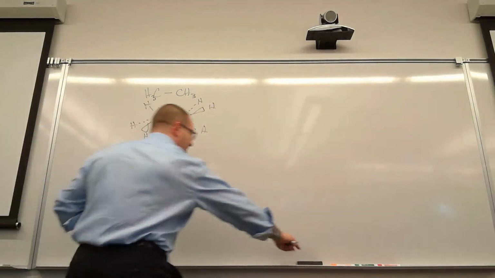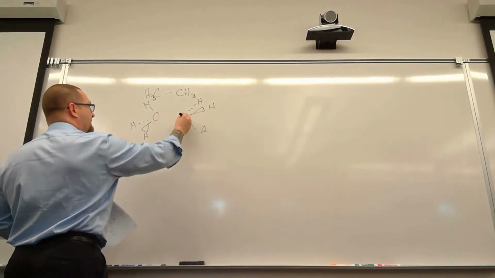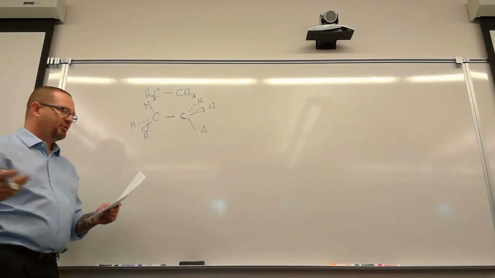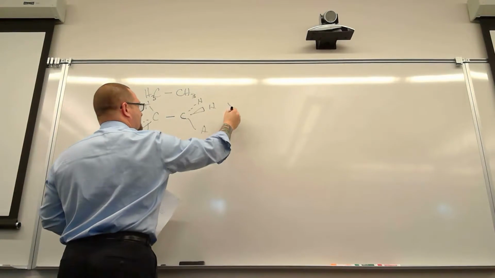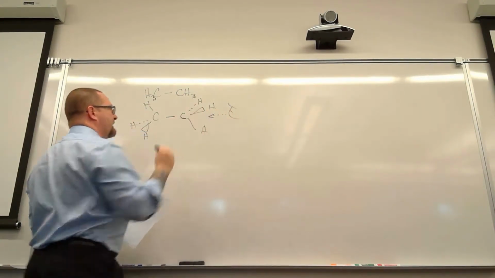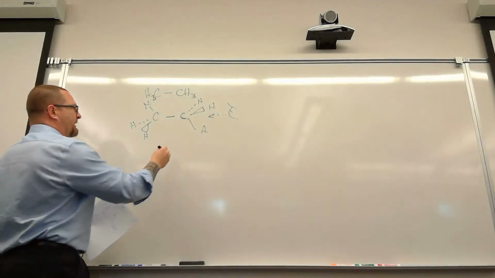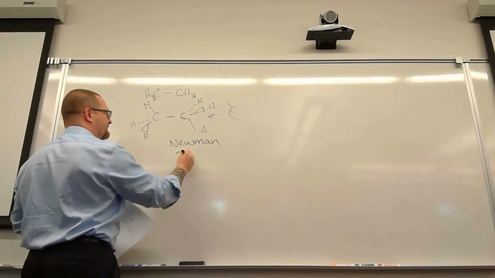And because of this, we can evaluate different conformers, and conformer is just another word for conformation, by sighting down any particular bond. When we do this, we have a tool called the Newman projection.